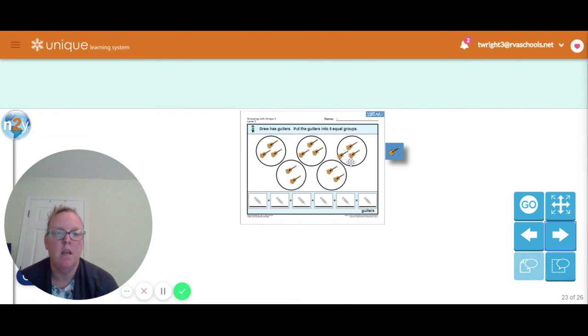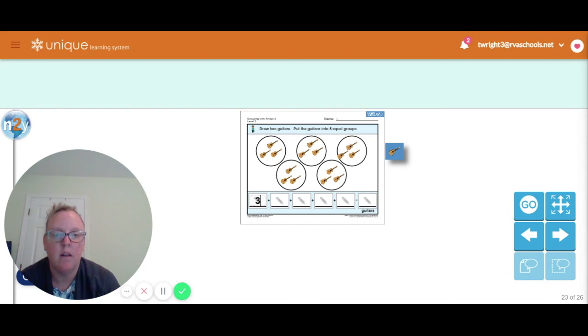There's 3. There's 3. And there's 3. So we have 3 guitars in each circle. 1, 2, 3. So in the first circle, we have to find the number 3 on our keyboard.